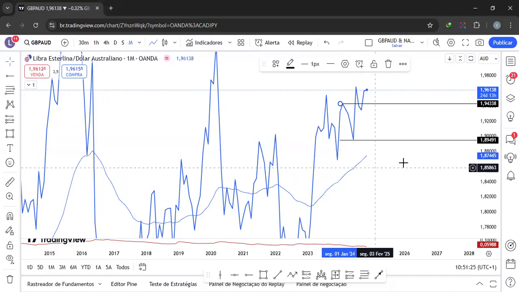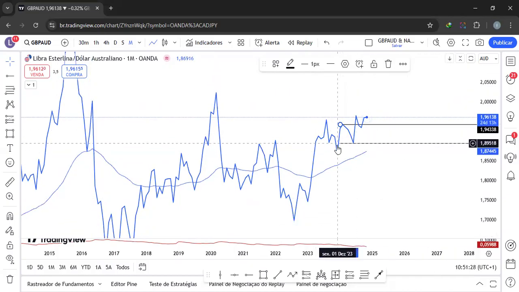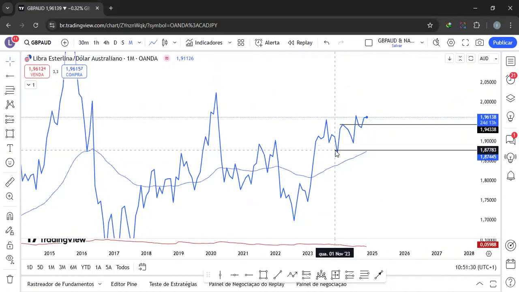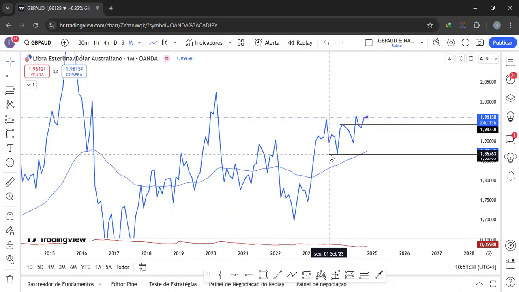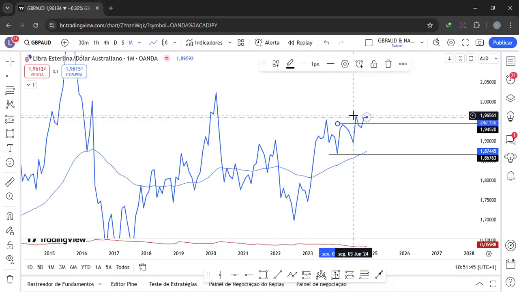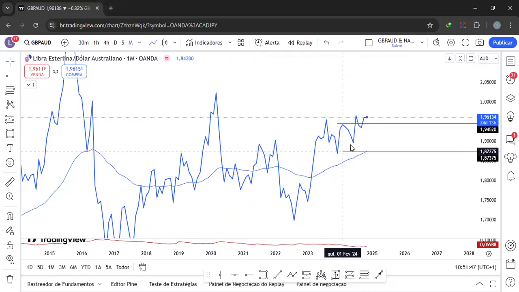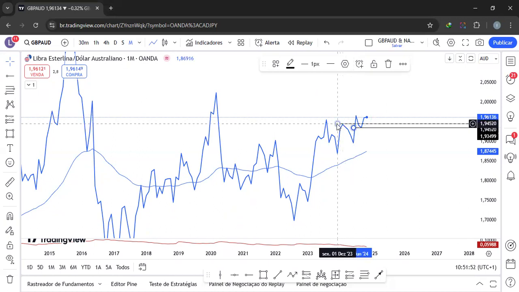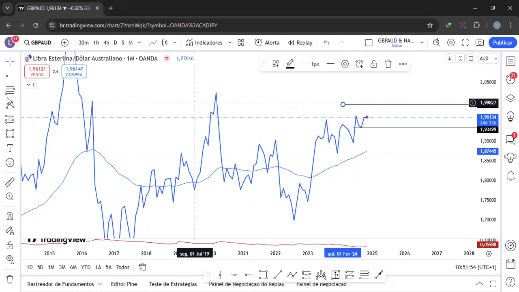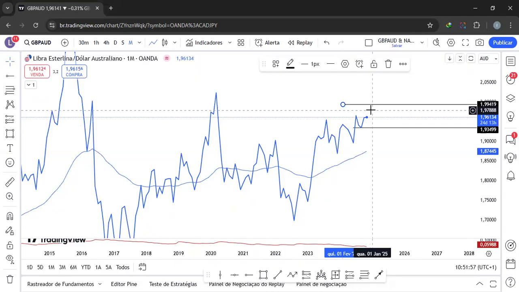First of all, GBPAUD is clearly on bullish sentiment using the monthly time frame, because if we put our horizontal ray here, we can see that the market broke up, making a new higher high, and then after breaking up, came down, made a new lower low, and we expect to see the market continue going up. So we can see clearly that this is bullish sentiment.